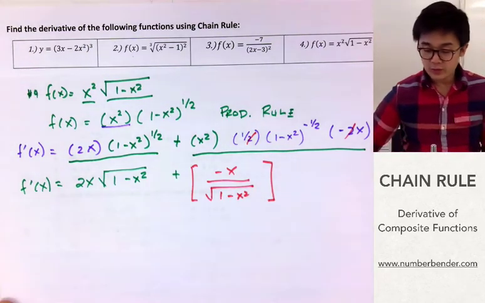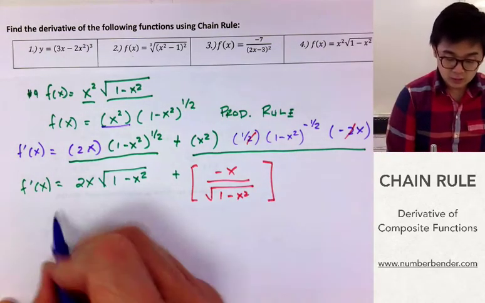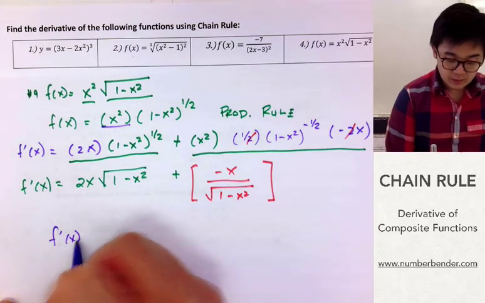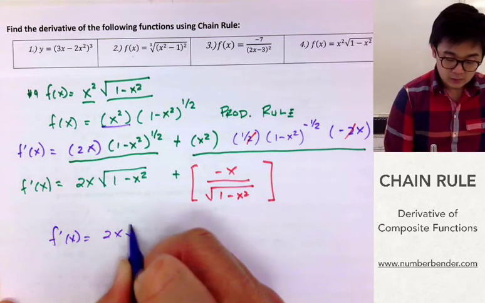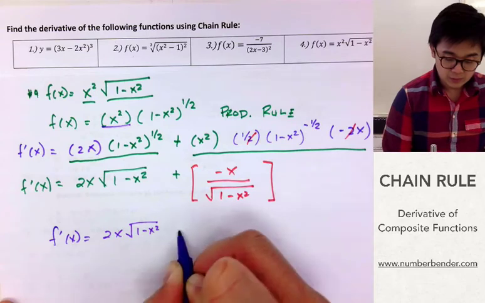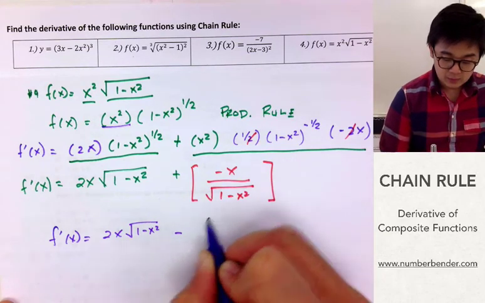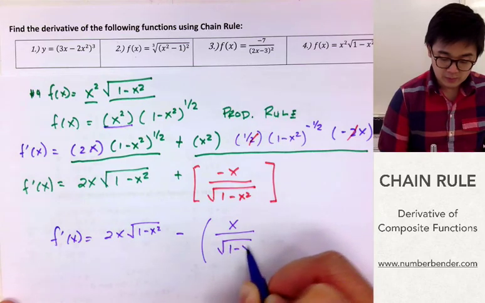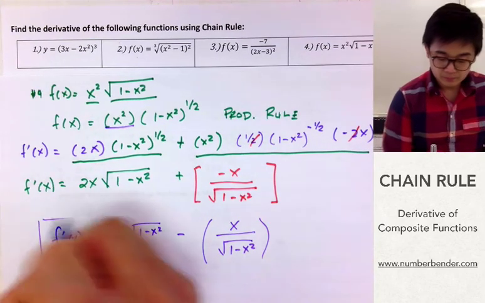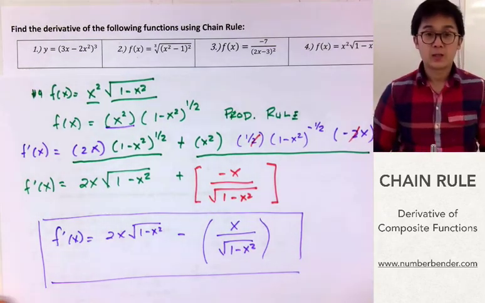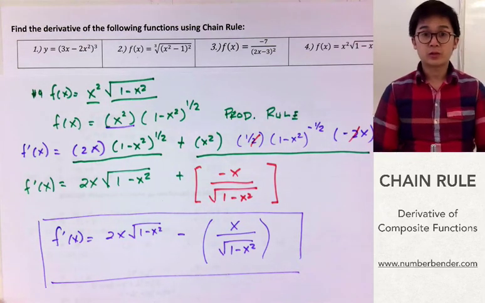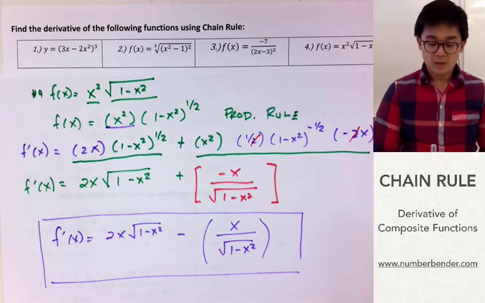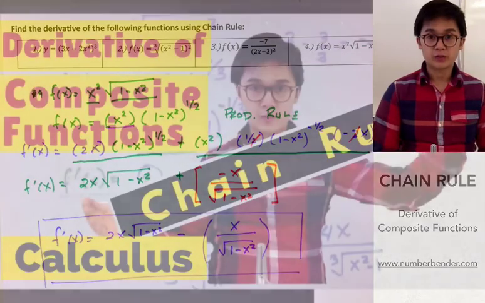So if we want to further simplify this answer, f prime of x is 2x square root of 1 minus x squared minus x all over the square root of 1 minus x squared. So this is how we use the chain rule in finding the derivative of composite functions.